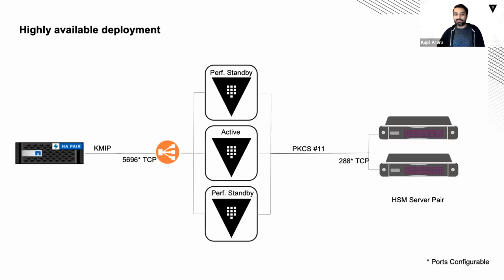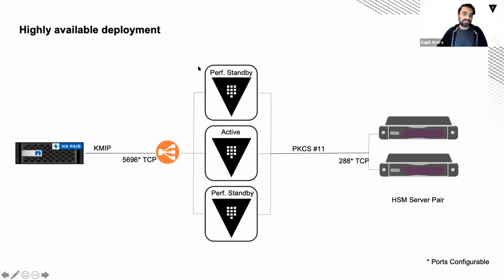But if you think about a bigger organization with multiple clusters and very highly available environments, you can have different performance standbys and an active node. You can have multiple HSMs, and you can have a load balancer, and you can make it highly available for the NetApp systems to always have access to Vault. Because if Vault is not there, or a NetApp system reboots, or a new volume needs to be created, then that will be a critical downtime.